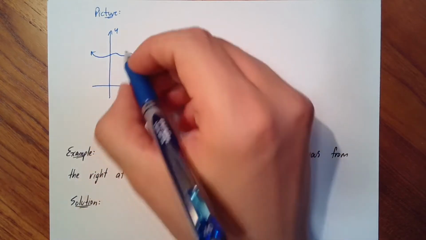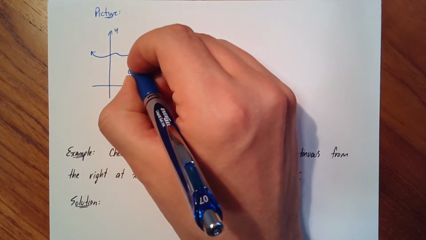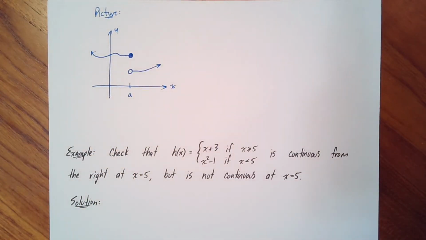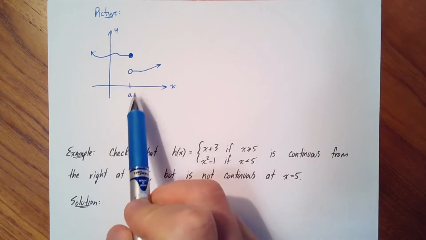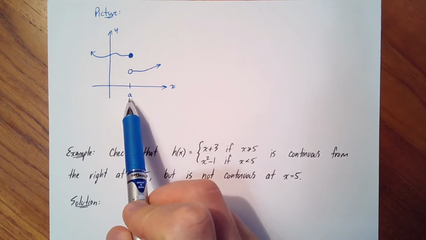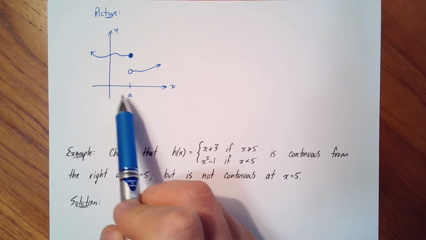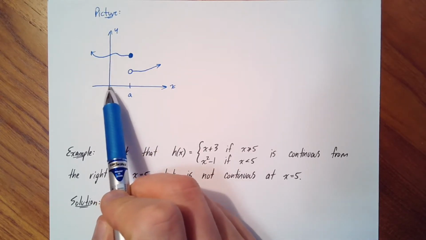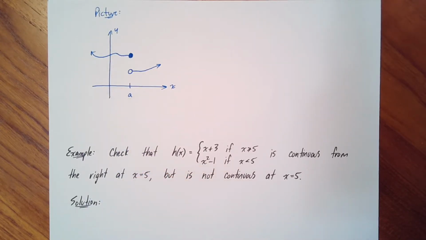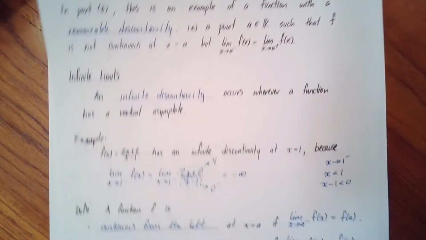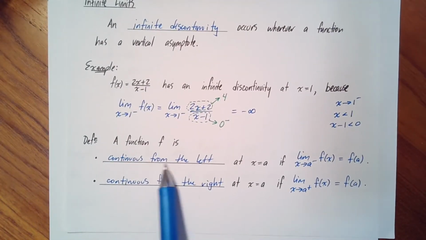But if I were to fill in the dot here, then now, all of a sudden, the function is defined at a. And the output from the function at the point a is equal to the limit of the function as x approaches a from the left. In other words, it satisfies this definition here of being continuous from the left. Right?